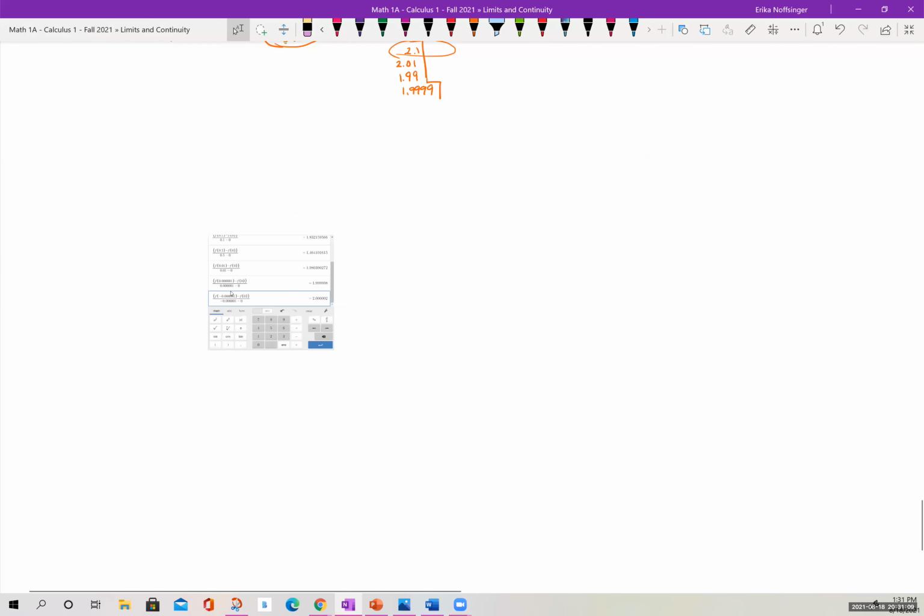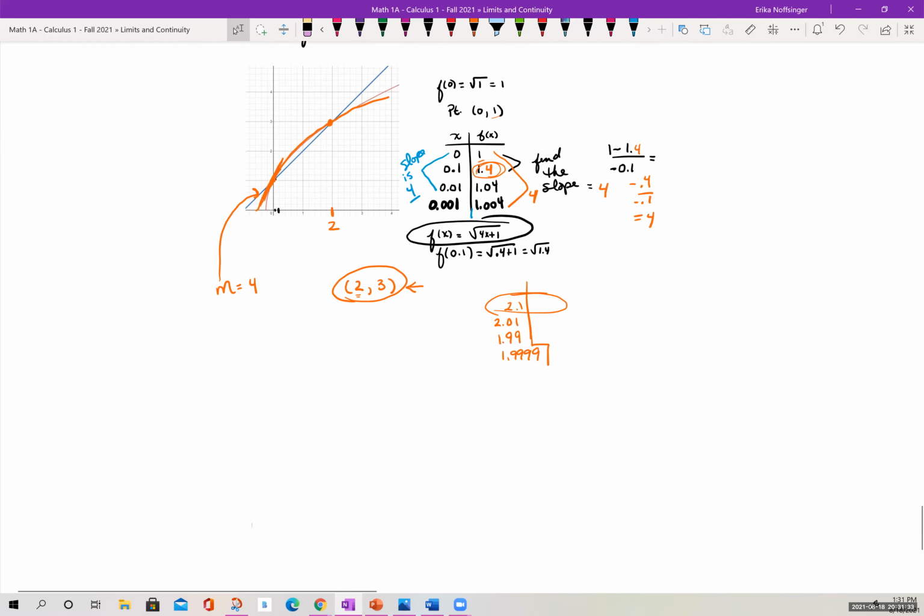So just to be sure, how do we confirm that 2 is the slope, the answer to the instantaneous rate of change? It has to do with that slope as we get closer and closer to that value. We choose points that are closer and closer to that value.